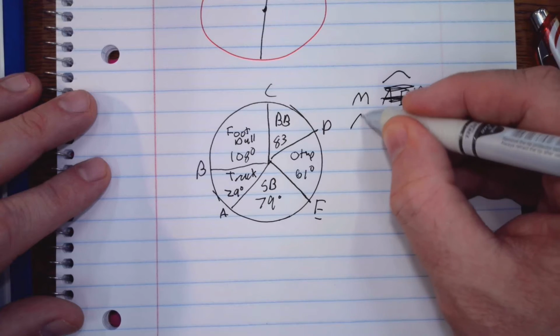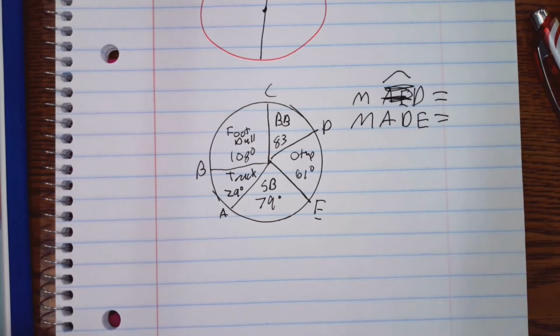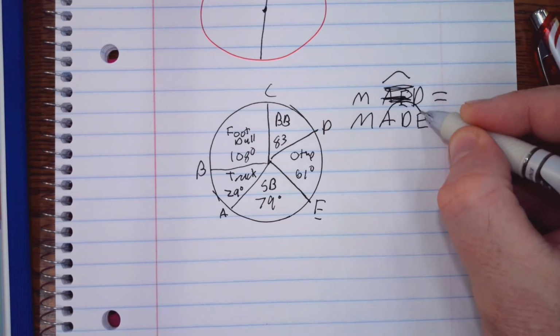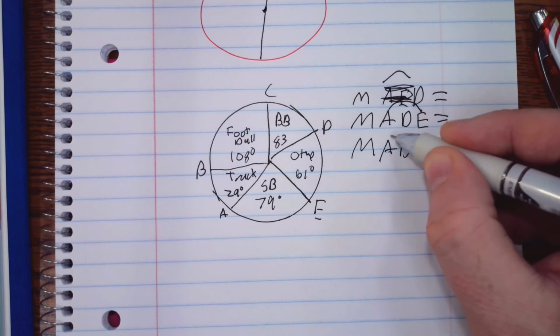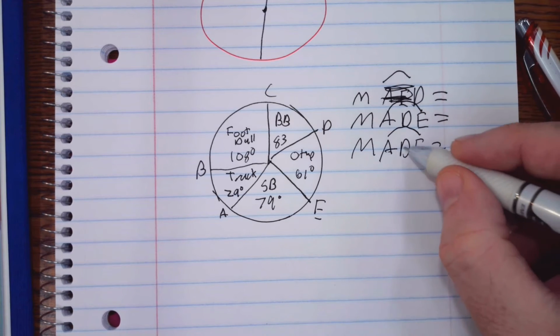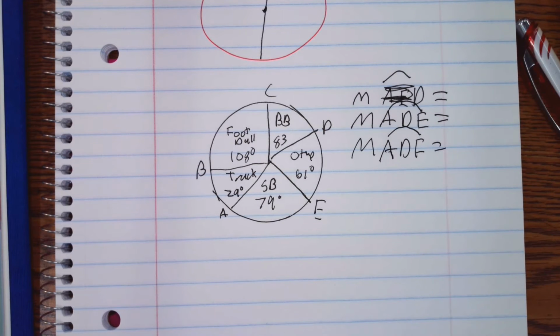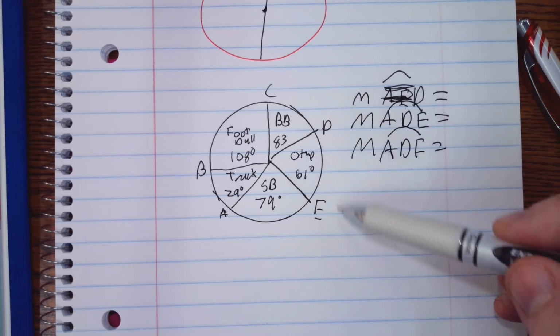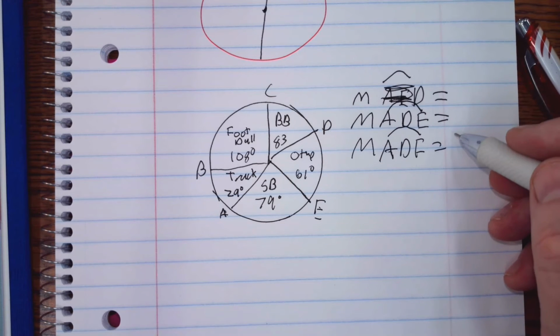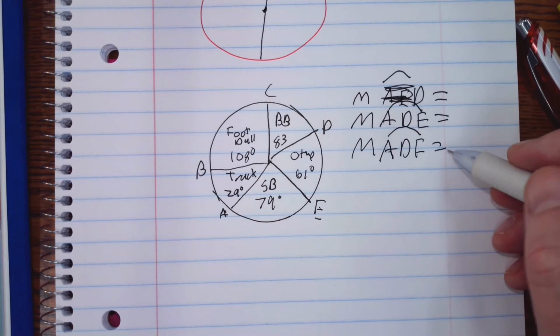Now it's in the right order. Of course, I didn't leave room for the arc. The measure of ADE. Of course, you only use 3 letters when it is a major arc. Right? So I started at A, I got to go through D before E. So what is the overall measurement of that ADE?